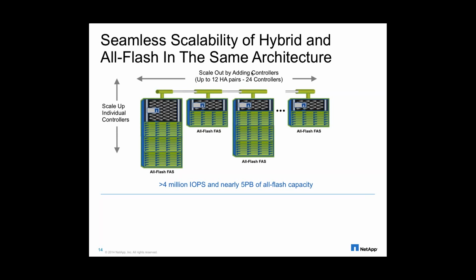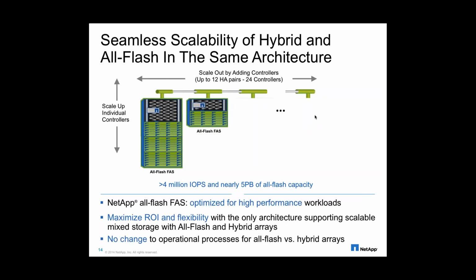I can share it in any way that I want, not being concerned about the data type. All of the efficiencies that we talked about can be applied to any of the storage pools in here. And if I now have a need to enhance this with physical disk, I can do that as well.